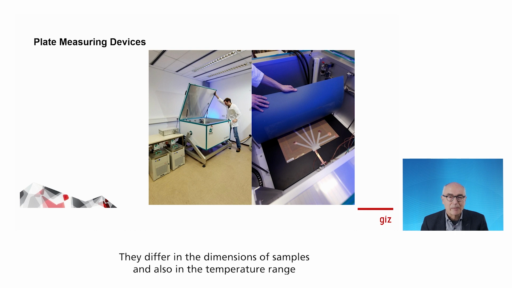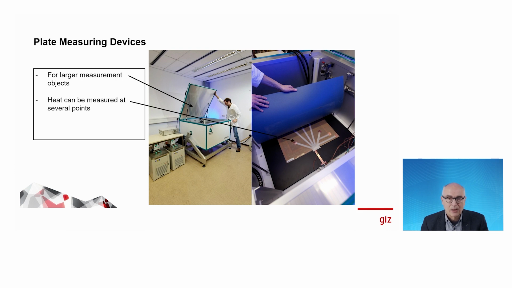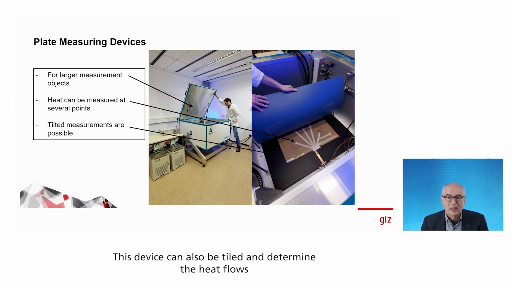They differ in the dimensions of samples and also in the temperature range and the angle in which measurements can be performed. In this picture you can see one sample device which is capable of measuring composite materials. This device can also be tilted and determine the heat flows depending on the angle.